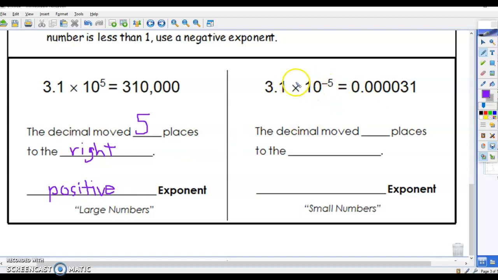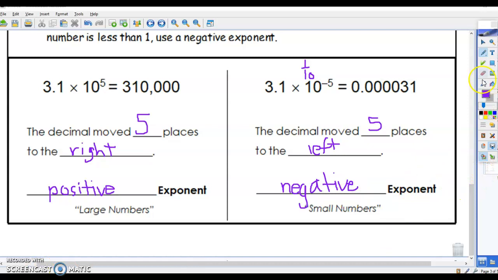This decimal place, now we're multiplying by 1/10 5 times. Remember that 10 to the negative 5th power is 1/10. And that's going to make our decimal move to the left 5 spaces. So when it's a negative exponent, we are making our number smaller and moving to the left.